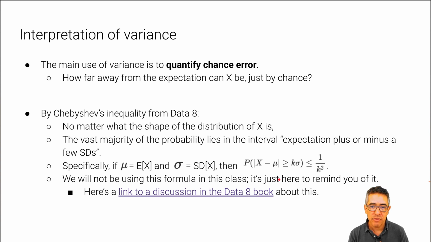That tells you that for any non-pathological probability distribution, the probability of being more than 1.4 standard deviations away is less than a half. So at least 50% of the probability is concentrated within 1.4 standard deviations, give or take.